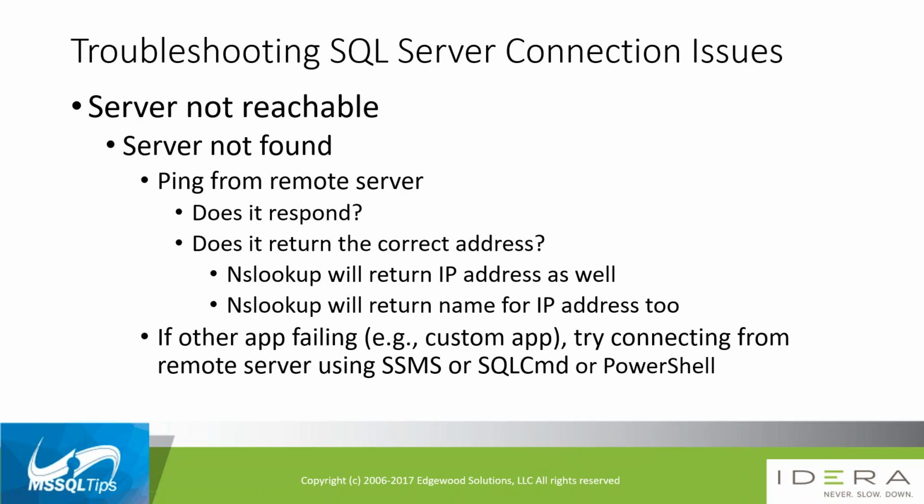Or you can connect via PowerShell, or I've done it in the past with VBScript. Whatever you're comfortable using and that's available on that server, just use something to verify that you can or cannot connect from that machine without the app being part of it. Because if you can and the app can't, that tells you it's something to do with the app that's wrong.